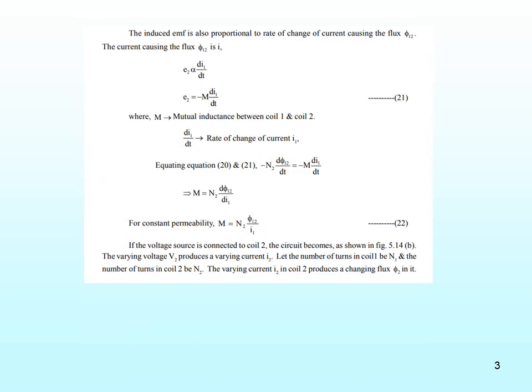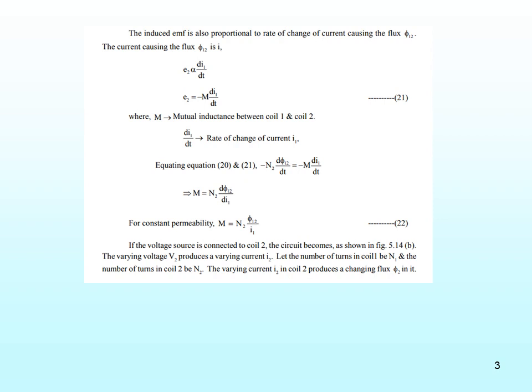The induced EMF is also proportional to the rate of change of current causing the flux Phi12. The current causing the flux Phi12 is I1. Therefore E2 is proportional to dI1 by dt, that is E2 equals minus M into dI1 by dt, where M is the mutual inductance between coil 1 and 2, and dI1 by dt is the rate of change of current I1.